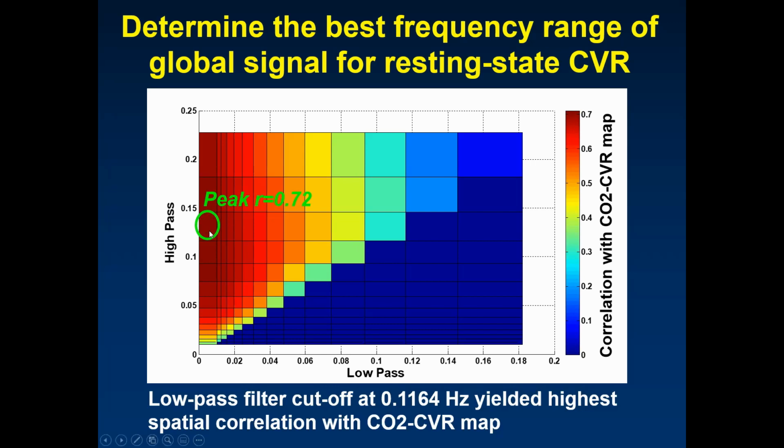We found that the low pass filter cutoff of 0.1164 Hertz will yield the highest spatial correlation of the relative CVR map with the CO2 CVR map, and we consider this as the optimal frequency range.